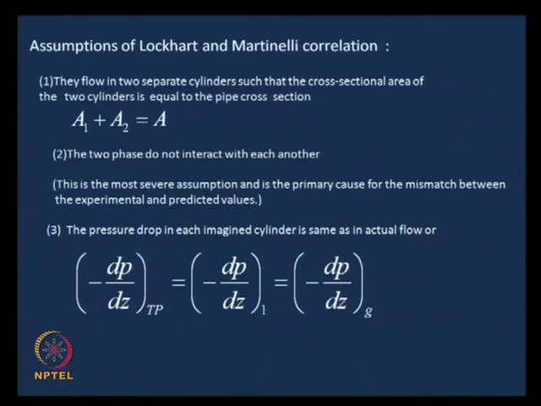Remember, even for stratified flow we can assume they are more or less cylindrical, but definitely in annular flow we cannot assume it. The liquid film cannot be assumed to flow in a cylinder. So naturally, if you have to take an equivalent cylinder for the annular flow case, then the shape factor has to be accounted for.